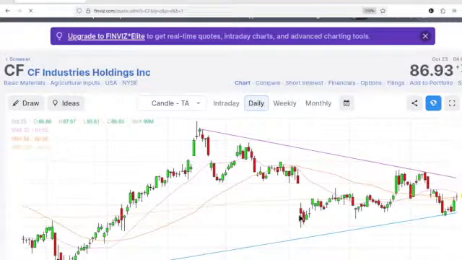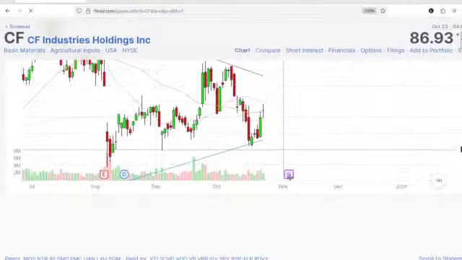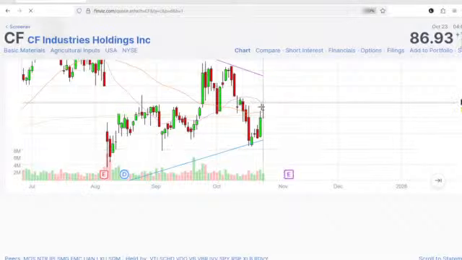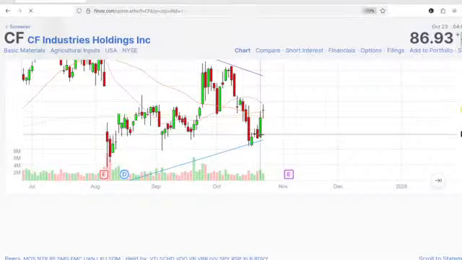So as you can see, it's between the 50-day moving average and 20-day moving average. It's a doji. And we have an earnings report coming in the next 2 to 3 weeks. That's the thing about these strategies. They're about 2 to 3 weeks strategies. This one looks like it came after a bullish engulfing.